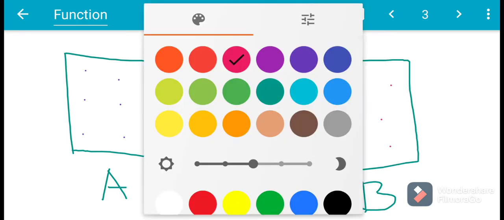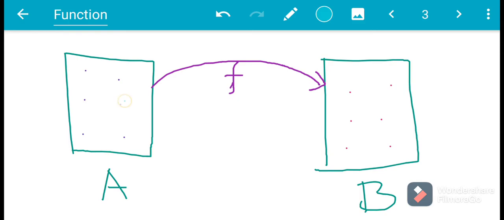Suppose this is a point. By this rule f, this point is associated, related, or connected to a point of B. Now this is x and this is y.